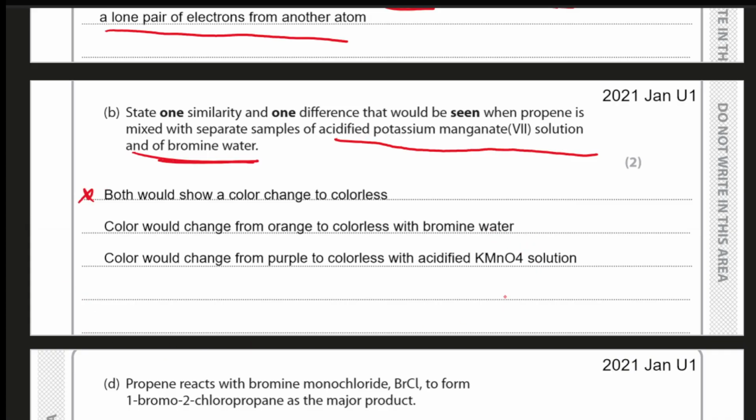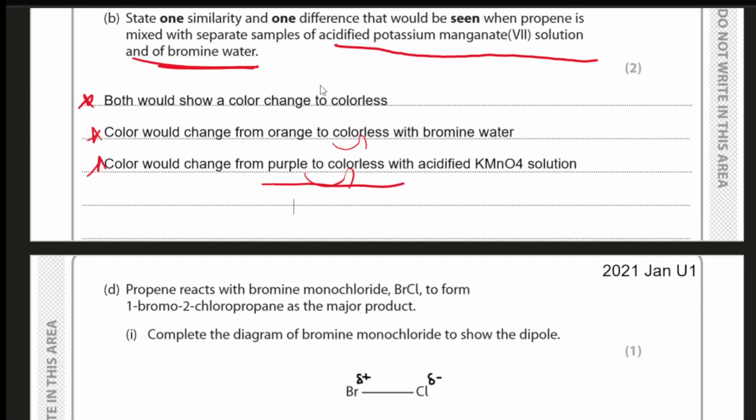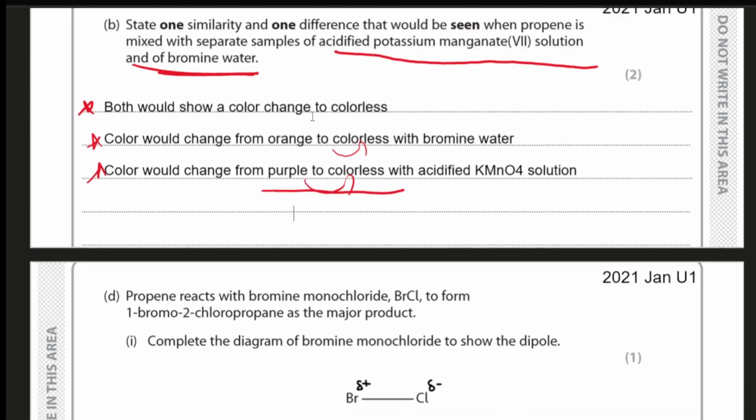With bromine water the color changes from orange to colorless, while with acidified KMnO4 solution the color changes from purple to colorless. That is why the color changes are different, but in both cases it becomes colorless because oxidation takes place.